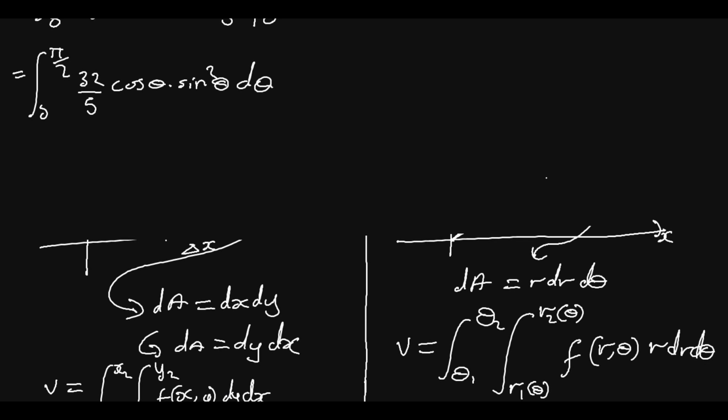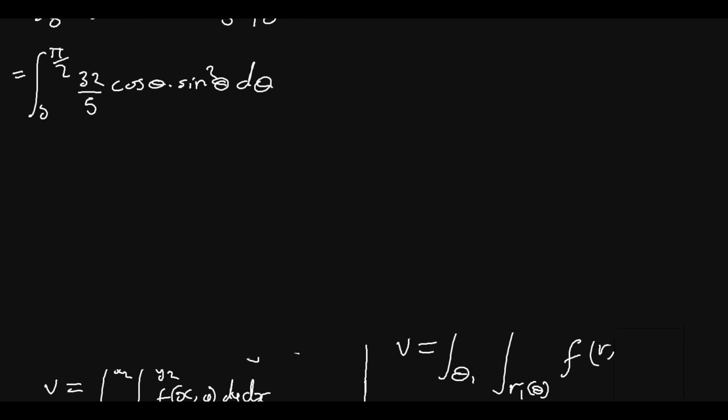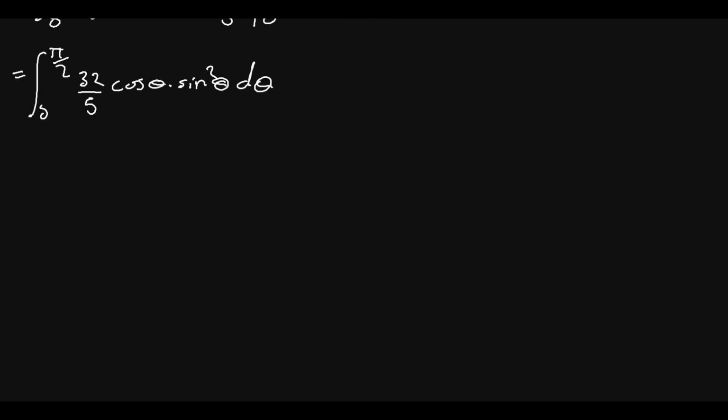Right. So now we have to integrate with respect to theta. Let's see what you get when you do that. So 32 over 5 is a constant. So we can use substitution. Just do that, it will be quick. We have a sine squared, but the derivative of sine is a cos, and it's just a cos without any minus sign.